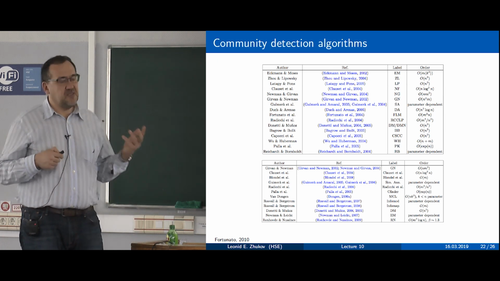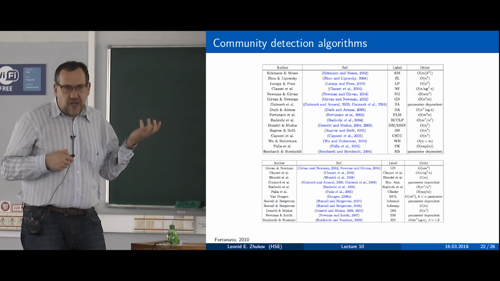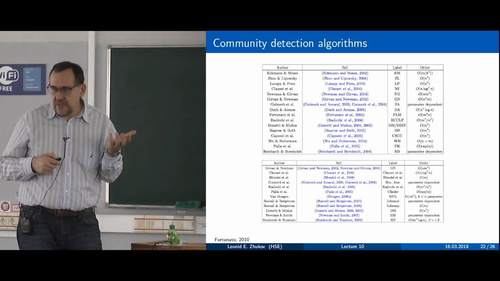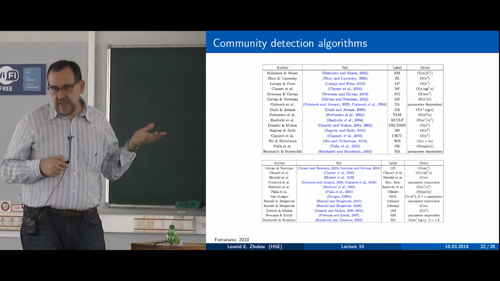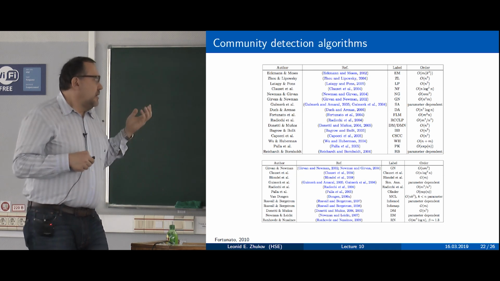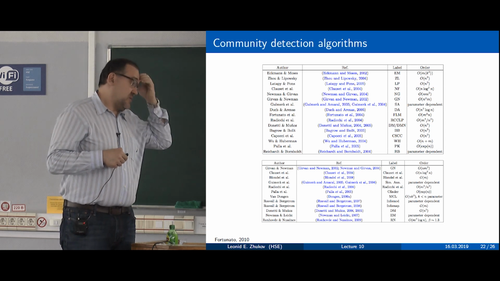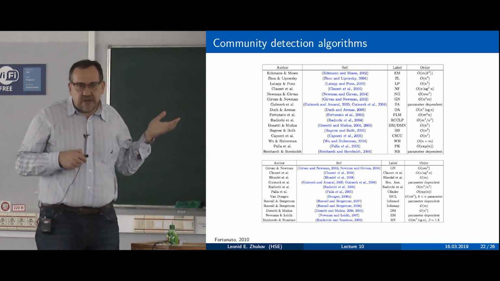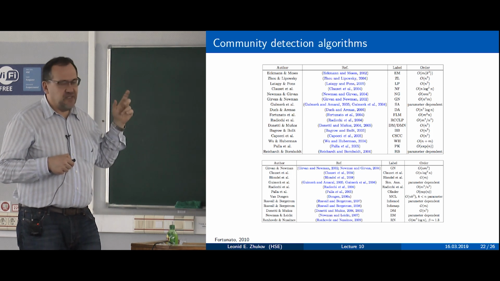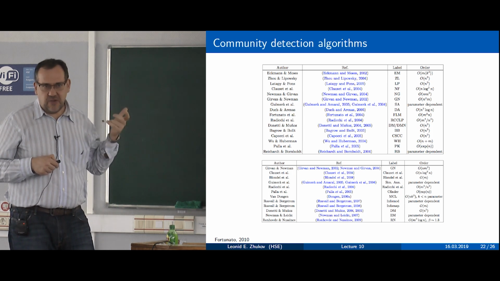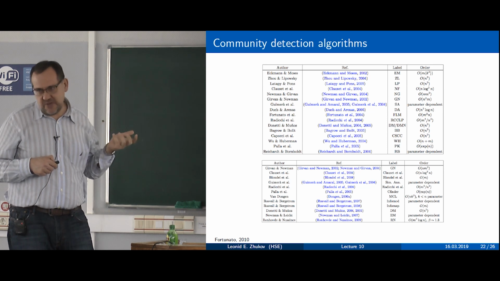So again, there's two factors. One factor is how good the algorithm is in terms of determining your structure. And the second is how well it scales. I wouldn't say that any one is better than the other. What you typically end up doing is you try different algorithms on your graph and see which one gives you better results.